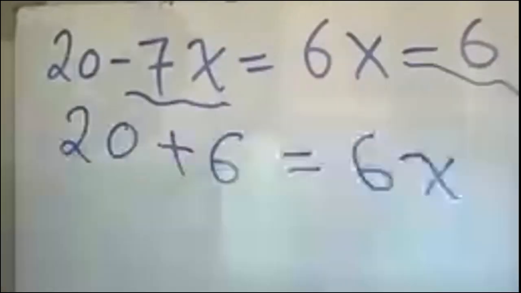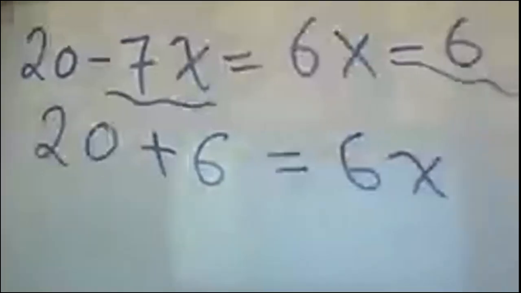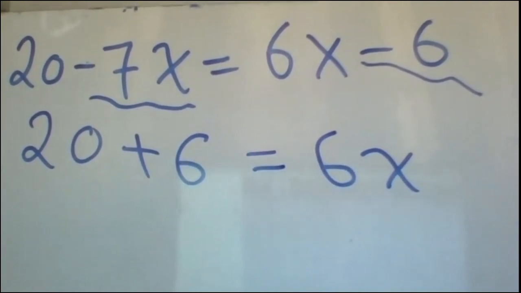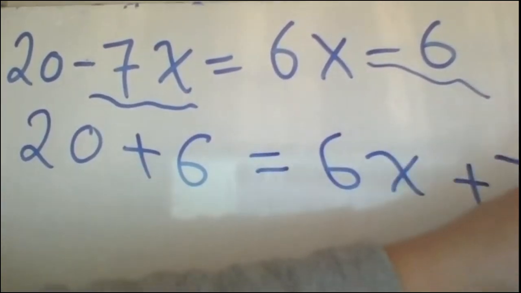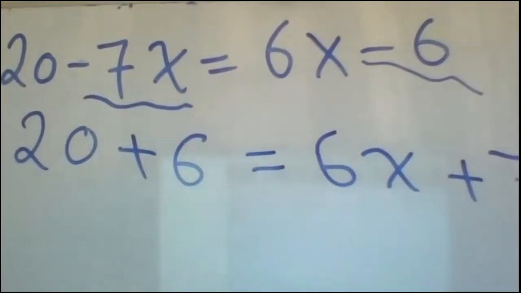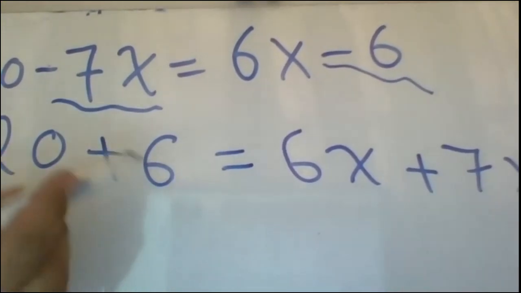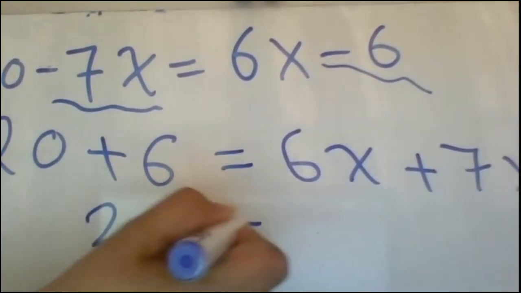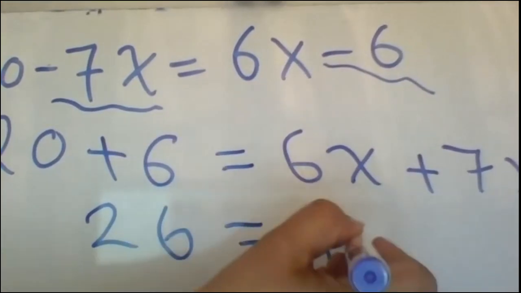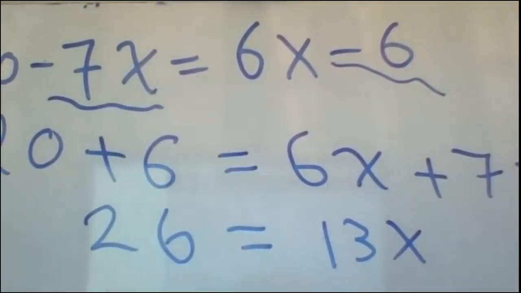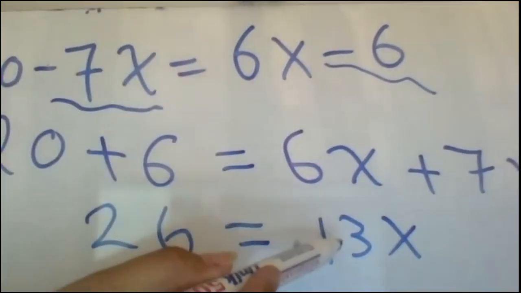6x plus how many, grade 8? Plus how many? 6x plus 7x. Okay, 6x plus 7x. Then now we have what? It will be 20 plus 6 equal 26, and the opposite side we have 13x, right? So 13x, we have to divide by the coefficient before the variable.